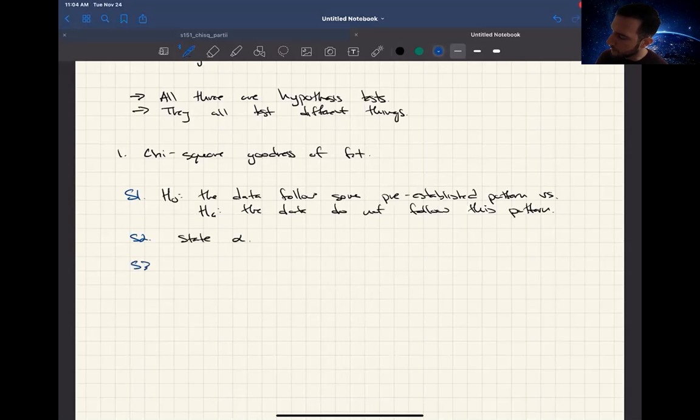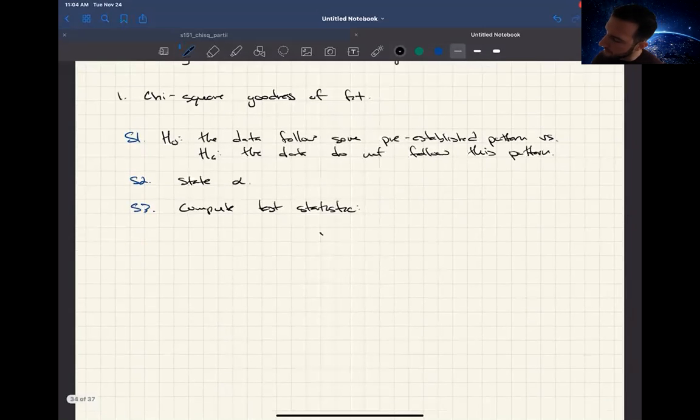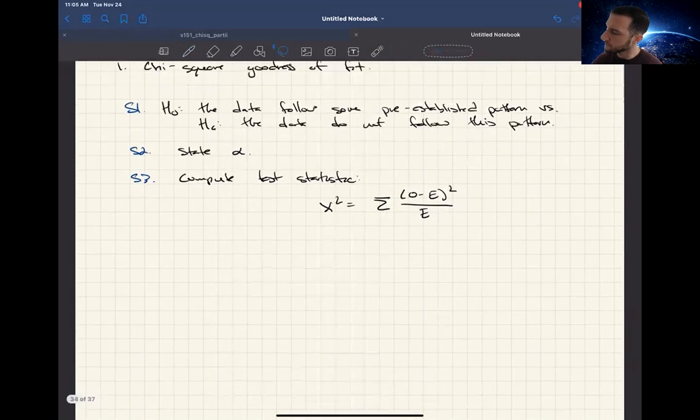On step three, we have compute test statistic. Okay, so here the test statistic is X squared is equal to the sum of observed minus expected squared over expected. And just to be clear, this sum is across the whole thing. So we have to learn how to compute these observed and expected counts.